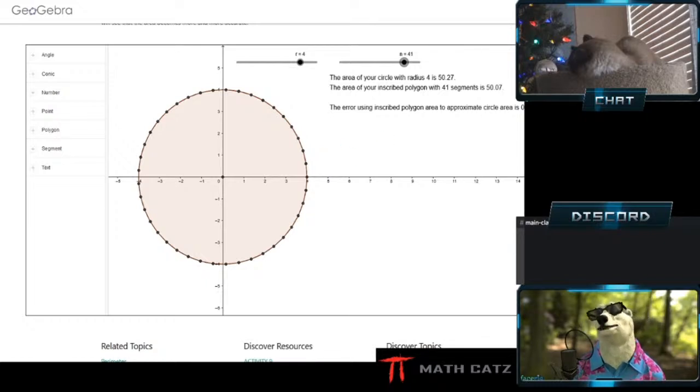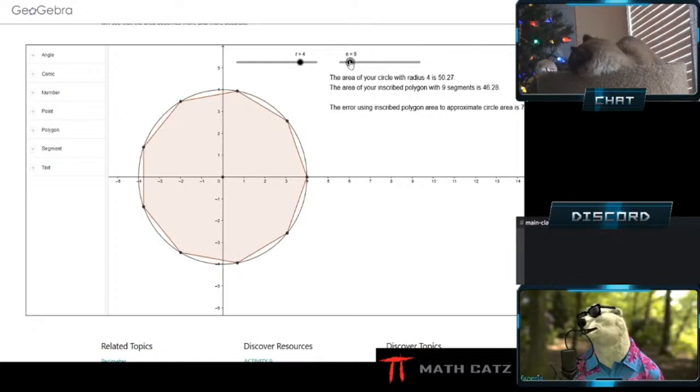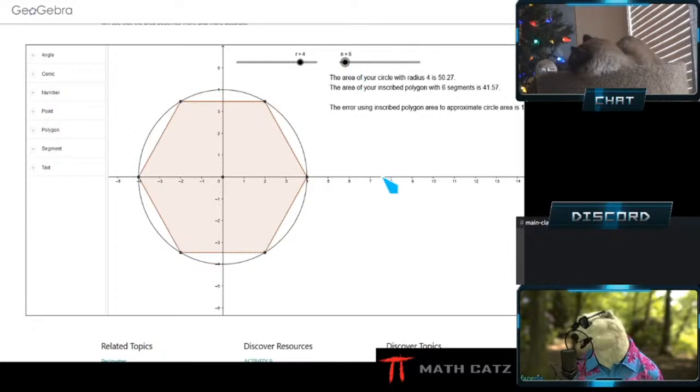It is an approximation. But as n gets bigger and bigger, the area of the polygon approaches the area of the circle. So this is a way to approximate the area of a circle by looking at the area of the polygon inside. Now let's pick an easier polygon, maybe that one.